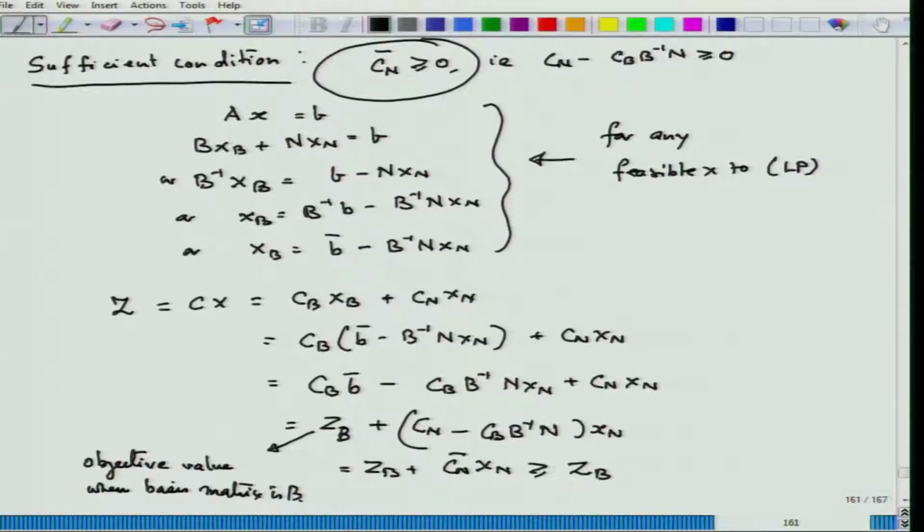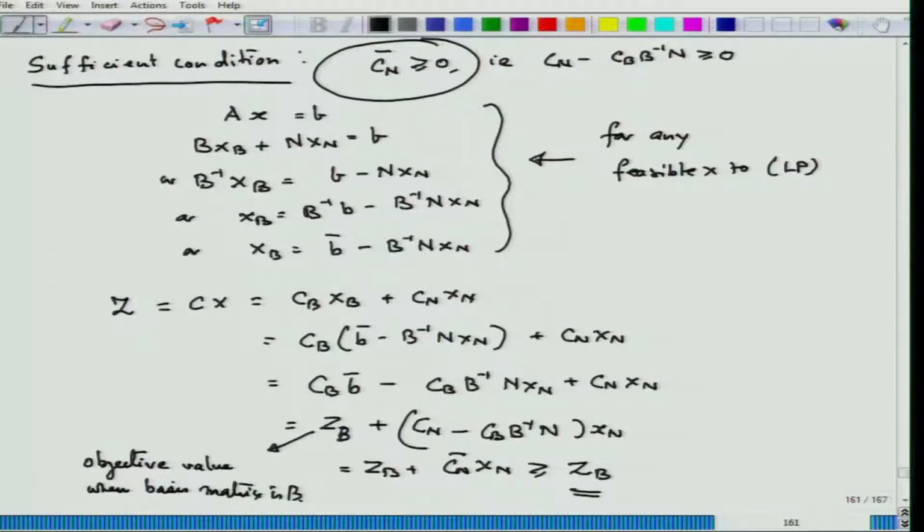And Zb is equal to Cb into B inverse B. So, Zb is actually an optimal solution, and hence the current basis B is the optimal basis, and x equal to xb, 0 is the optimal solution, because if I put xn equal to 0, then z is equal to zb, and that corresponds to the x where xn is equal to 0.